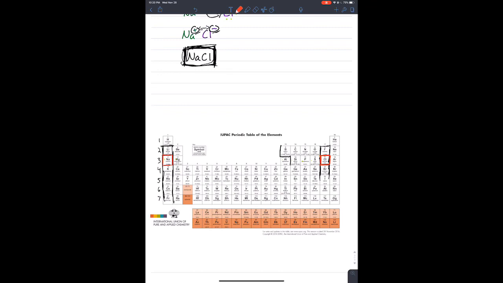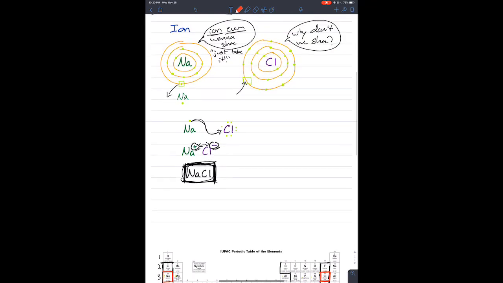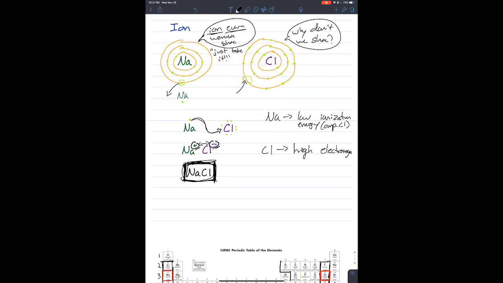Sodium doesn't have that. But sodium's low ionization energy, so let me write this out. Sodium, low ionization energy, and this is compared to chlorine, and chlorine's high electronegativity. I'm running out of room.